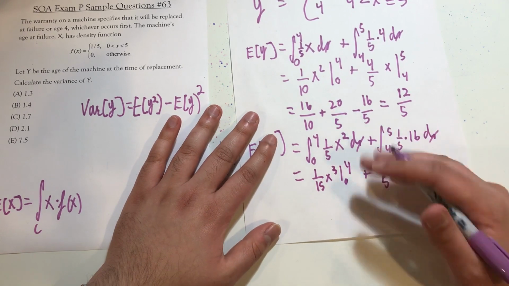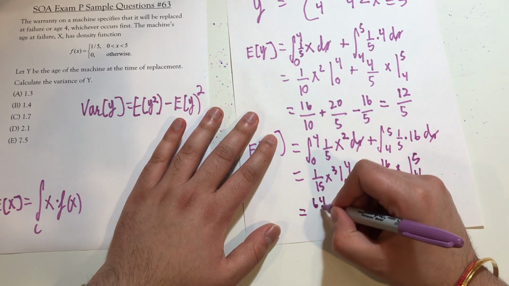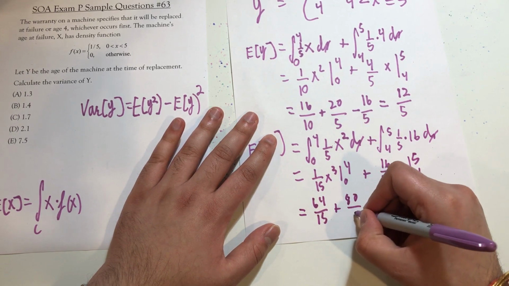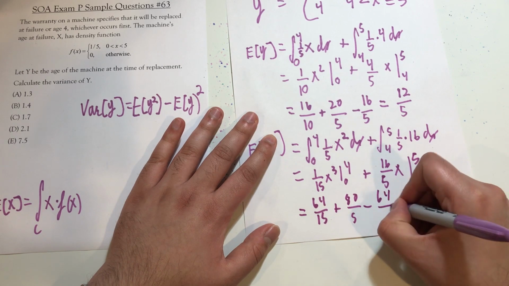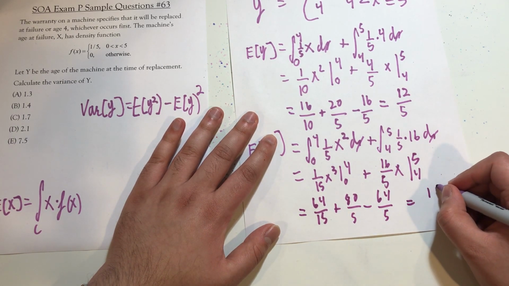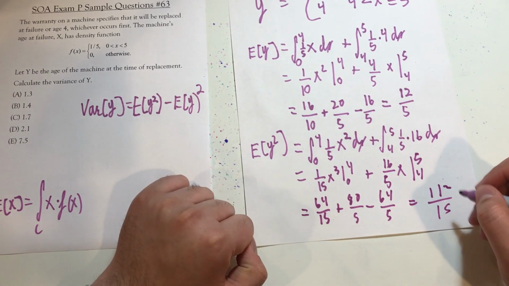This ends up computing to 64 over 15 plus 80 over 5 minus 64 over 5, which equals 112 over 15. And that's our second moment.